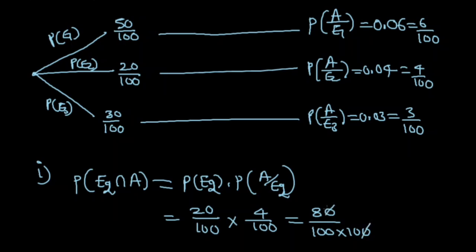You can cancel the zeros, so 80 by 1000, we can write 0.008 as the answer. Or else you can cancel the decimal part, 25 5s are 125, so 1 by 125.